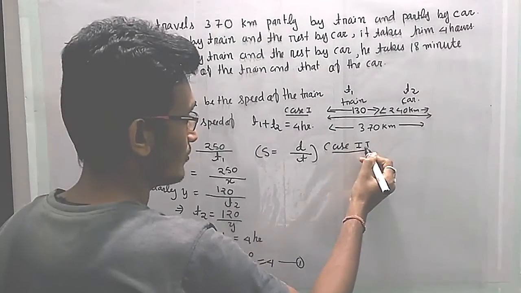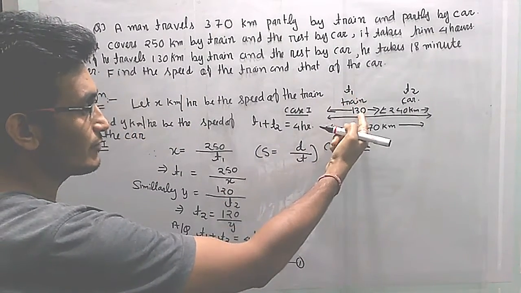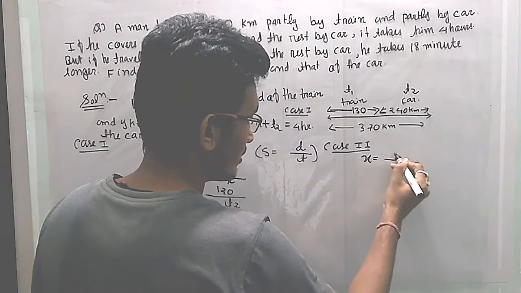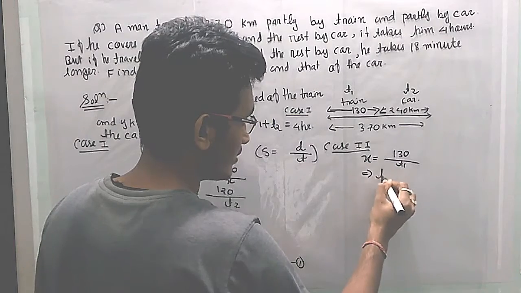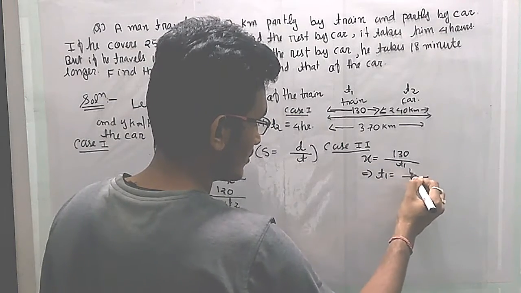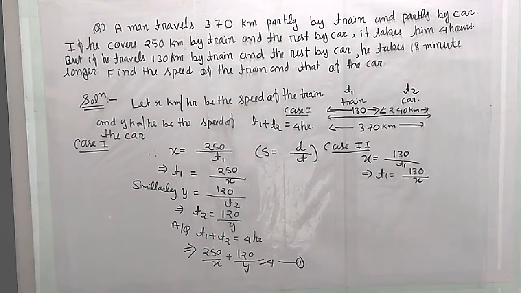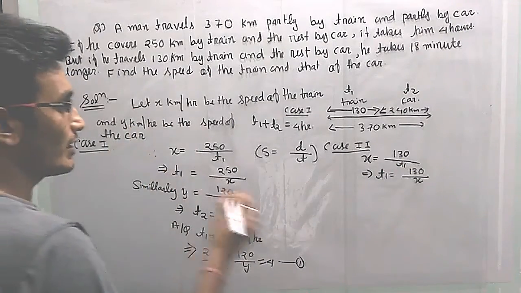So in case 2, time taken is t1, distance traveled is 130, so speed x equals distance divided by time, 130 by t1. So from here t1 equals 130 by x. Similarly, y is the speed of the car.